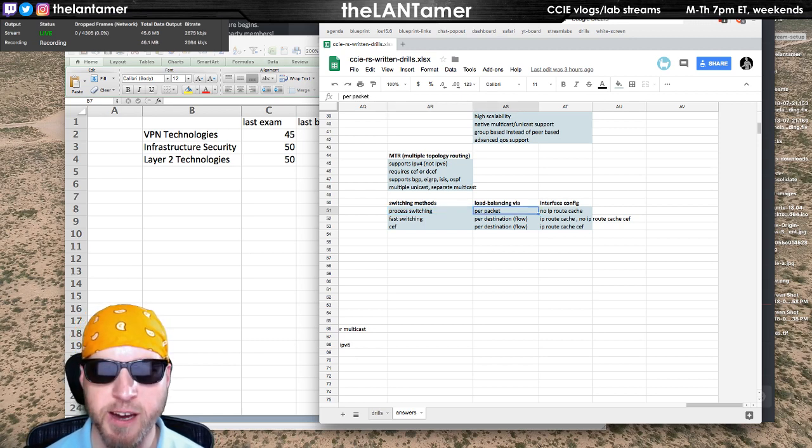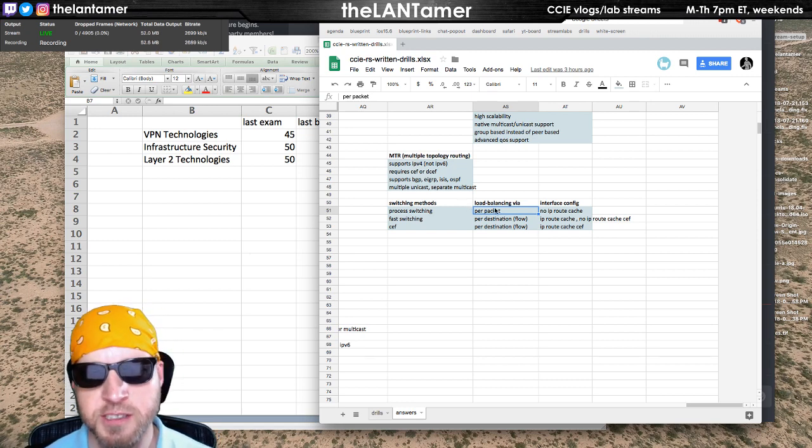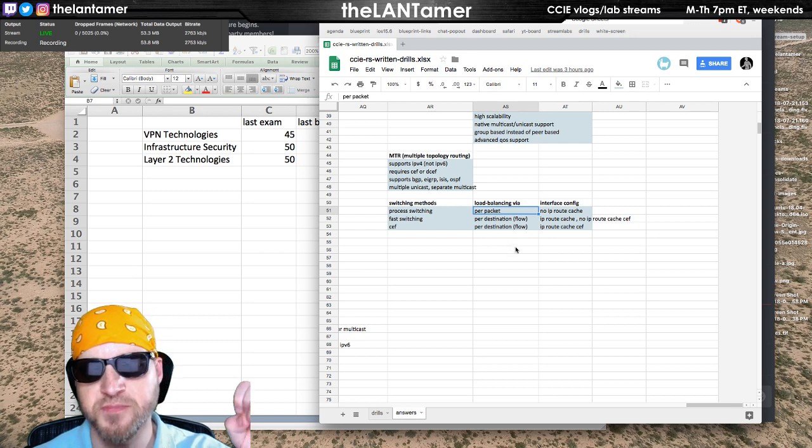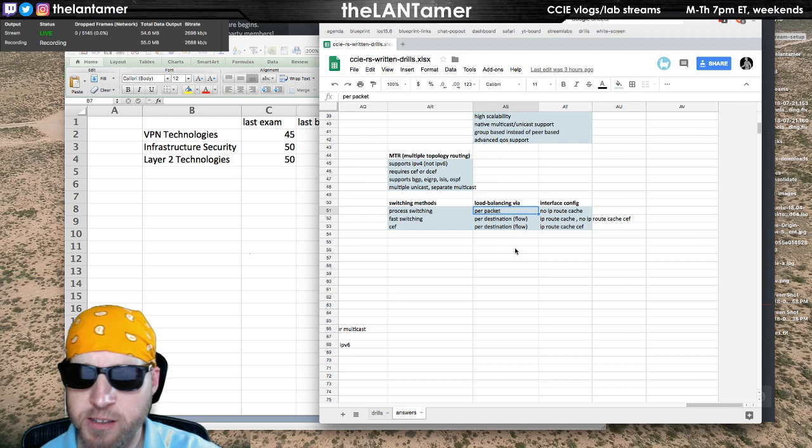If you have multiple paths, let's say you have EIGRP and equal cost multipathing working, that's fine. Process switching supports that. If you do a show IP route, generally you have a star next to where the next flow or the next packet will go. And you need to know what the difference is.